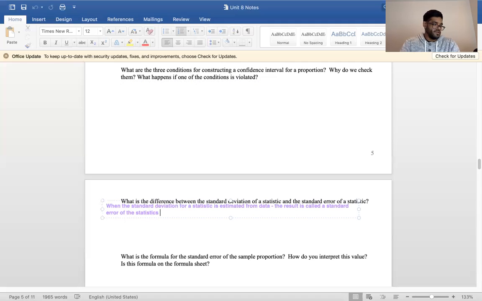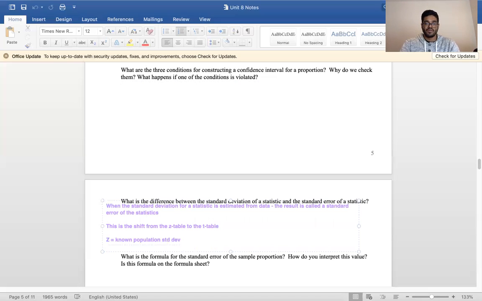So this is the shift, and we're going to talk about a new distribution now, from the Z table to the T table. Okay, so Z is when you know the population standard deviation.